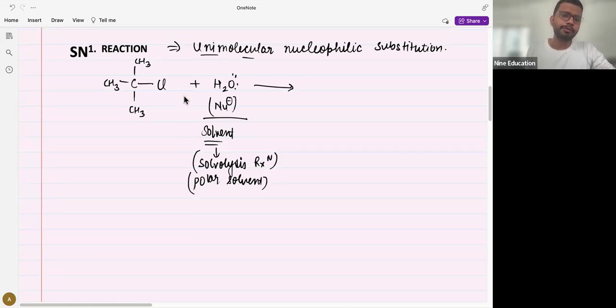तो ये पोलर सॉल्वेंट what it will do, it will go and surround the chlorine atoms, because chlorine is delta negative and water you have HOH as dipole, delta positive delta positive.